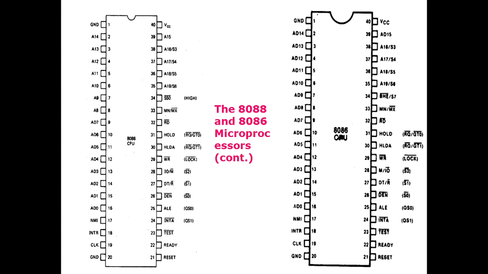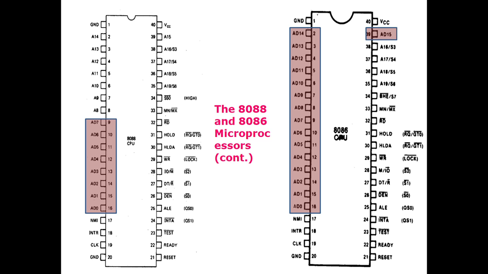For example, both of these microprocessors have 40 pins, and in each, 20 pins are organized on the left side and 20 pins on the right side. But in both of these microprocessors, there are slight differences between the pins and their functions.